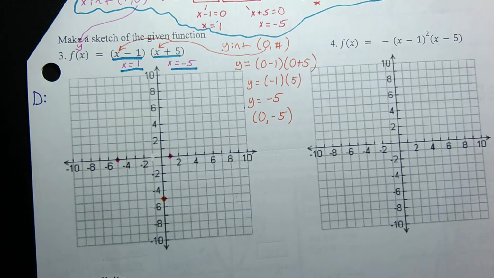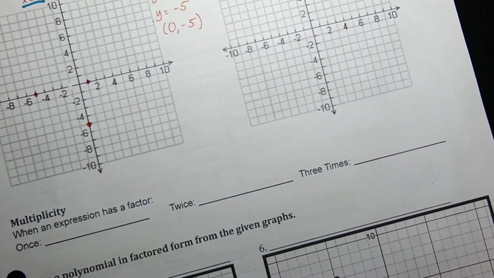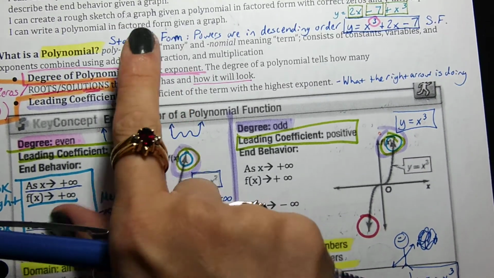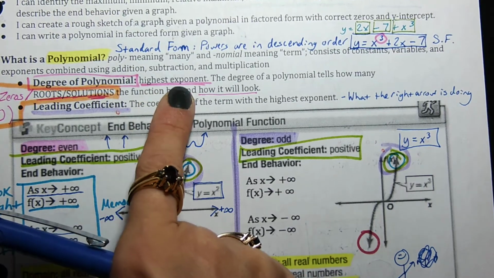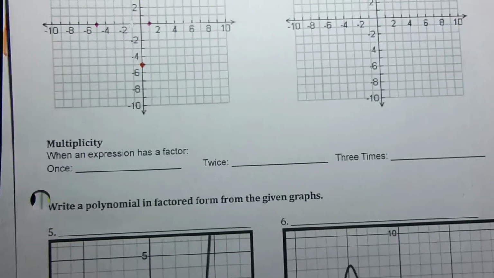Now, even pre-calc students sometimes are tempted to look at this and say that the degree is 1. But with all the problems that we've done with degree so far, those equations have been in standard form. So the degree is the highest exponent, but it's only when the equation is in standard form.